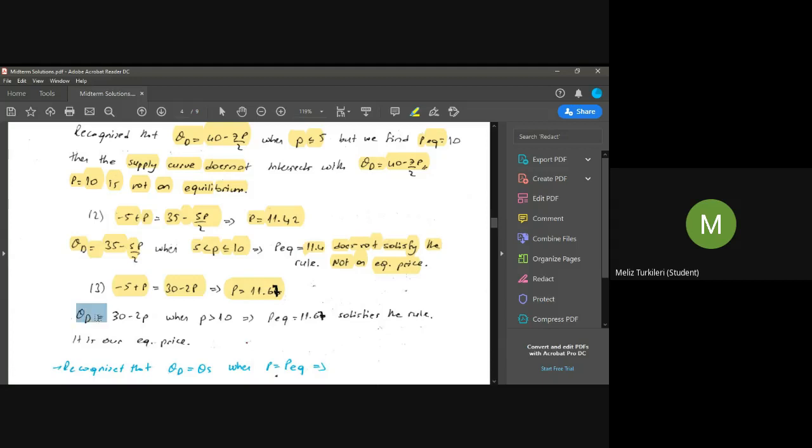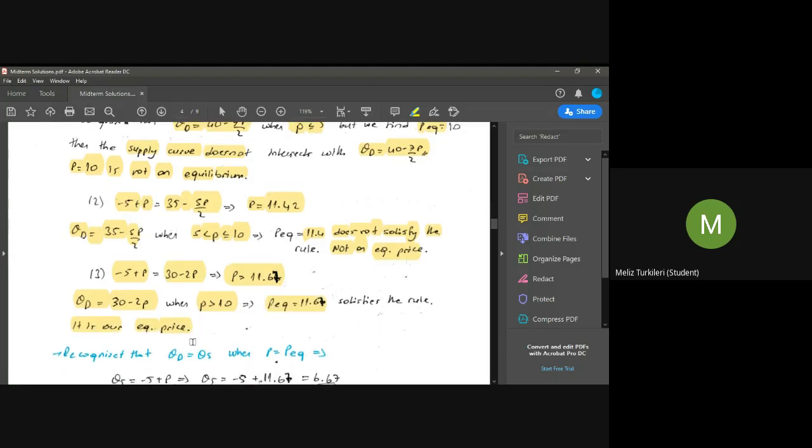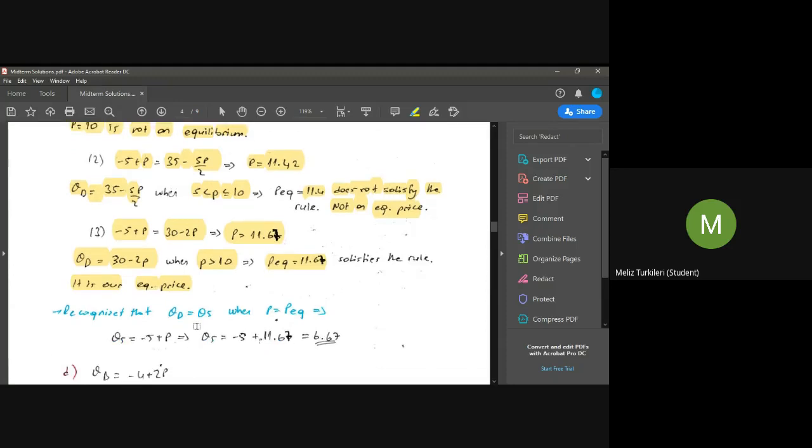Since the demand curve equals this amount when the price is higher than 10, the equilibrium price that we found satisfies the rule, so we can argue that this is our equilibrium price. So we can argue that our supply function will intersect with this aggregate demand function.